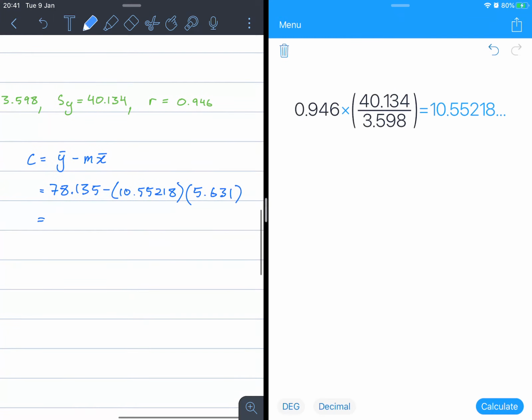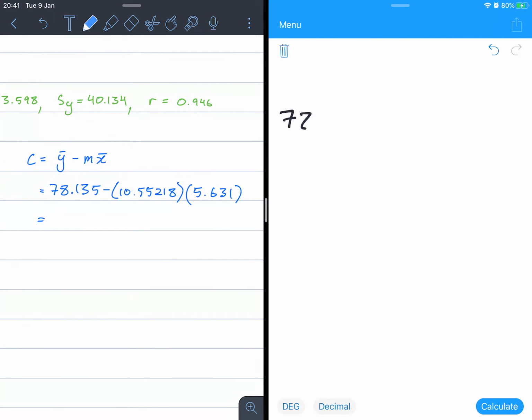Inputting this all into our calculator, 78.135 minus 10.55218 times 5.631, this gives me a grand total of 18.71567.